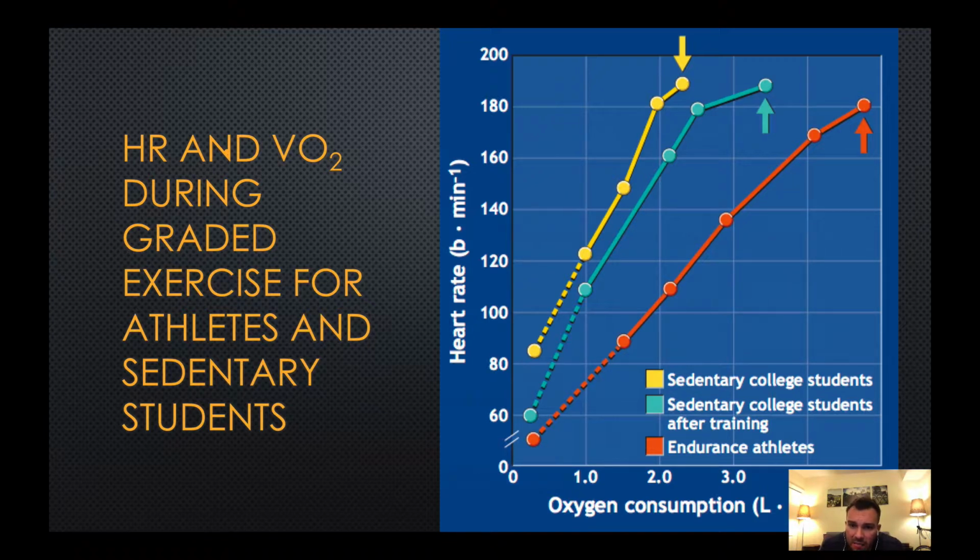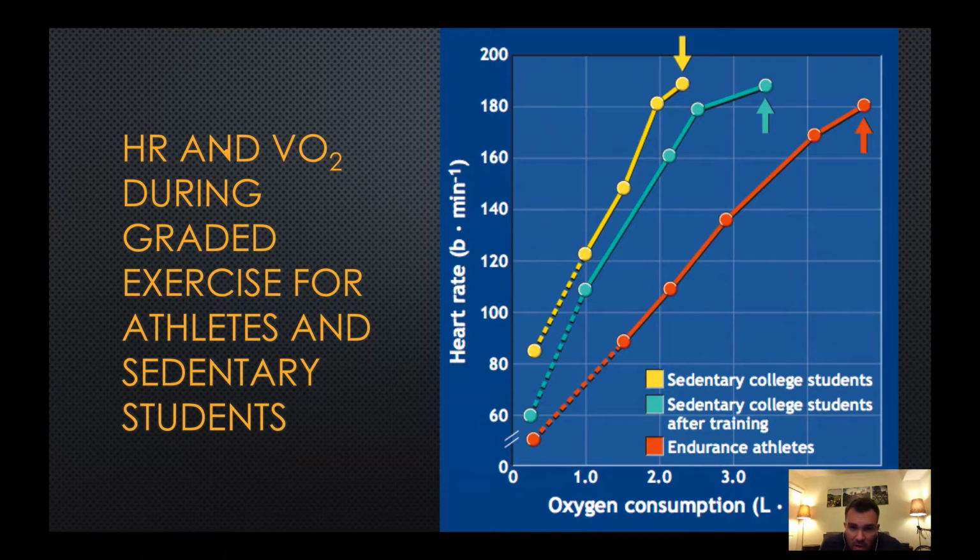And then you see after training, heart rate max is about the same. Oxygen consumption is clearly improved, but you do definitely see an improvement in resting heart rate or submax heart rate, and it takes longer for the subjects after training in the blue line to see that increase in heart rate.